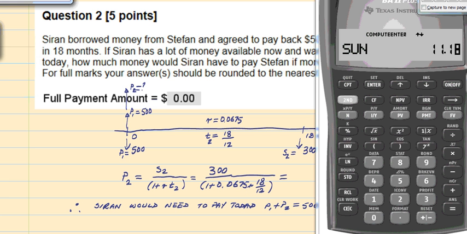In this case, P sub 2 is equal to S sub 2 divided by bracket 1 plus R times t sub 2.